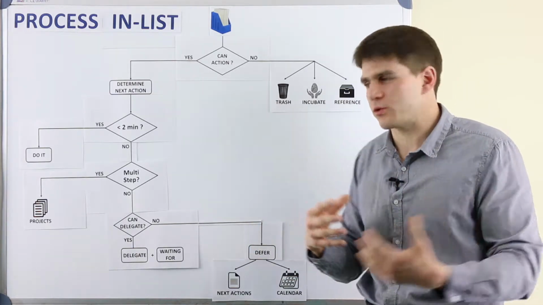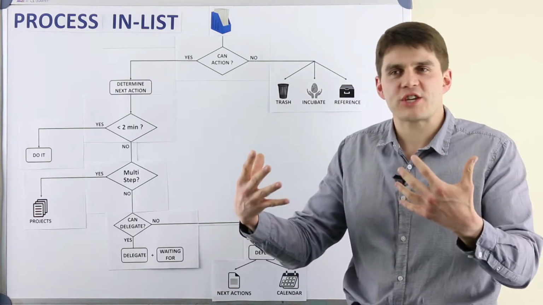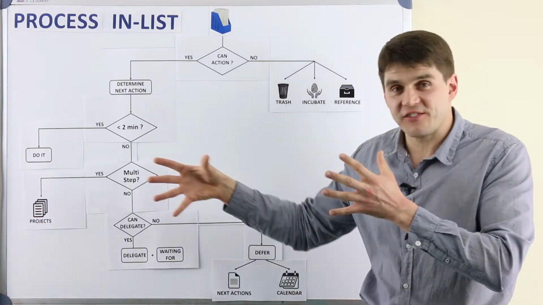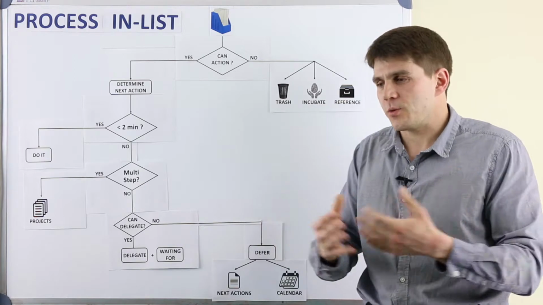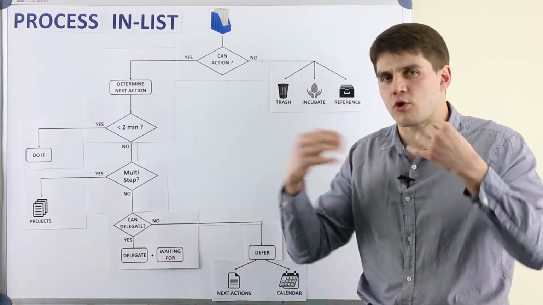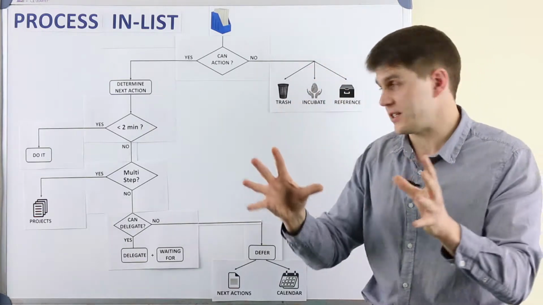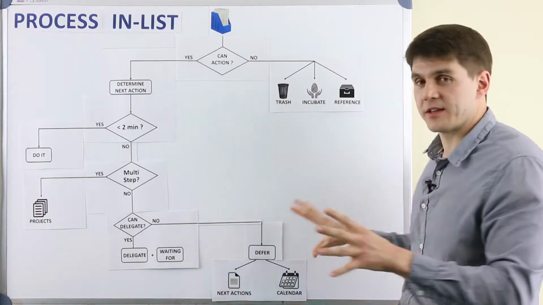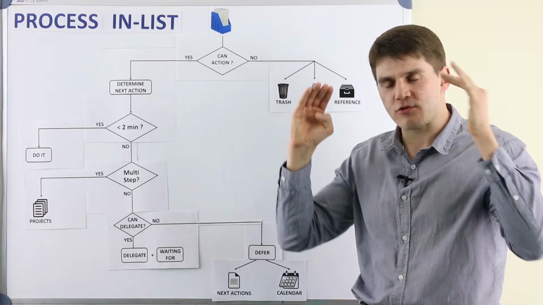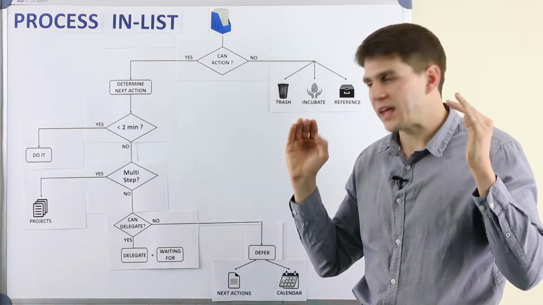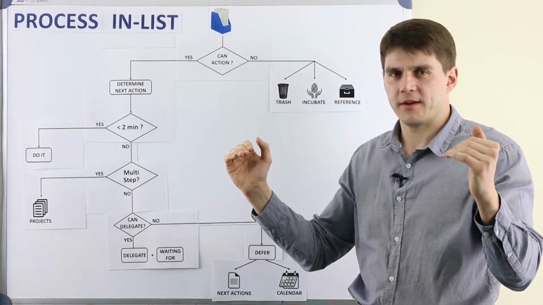When I work with business owners, applications work for some people, physical files work for other people. You know, we are different. You need to build your own system, but this system gives you an idea, gives you the process, and you can follow the process and completely declutter your mind and get to the full state of clarity.